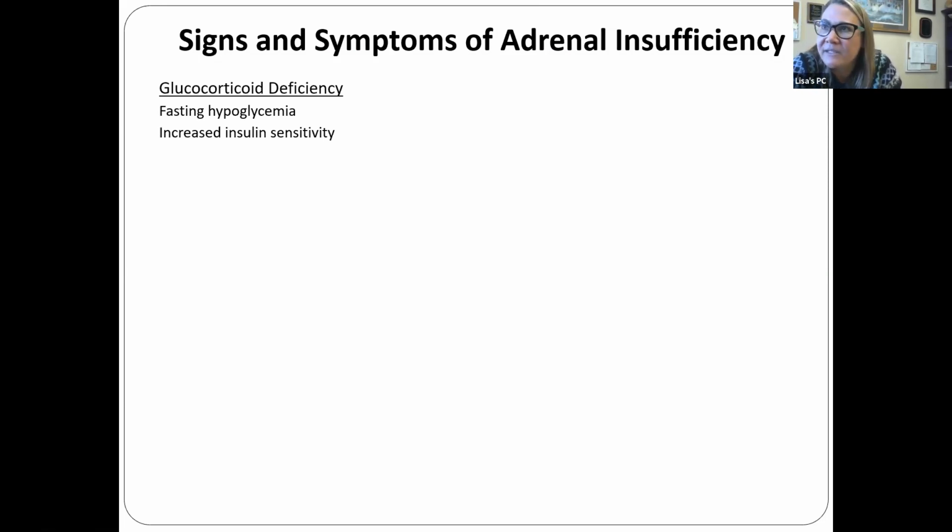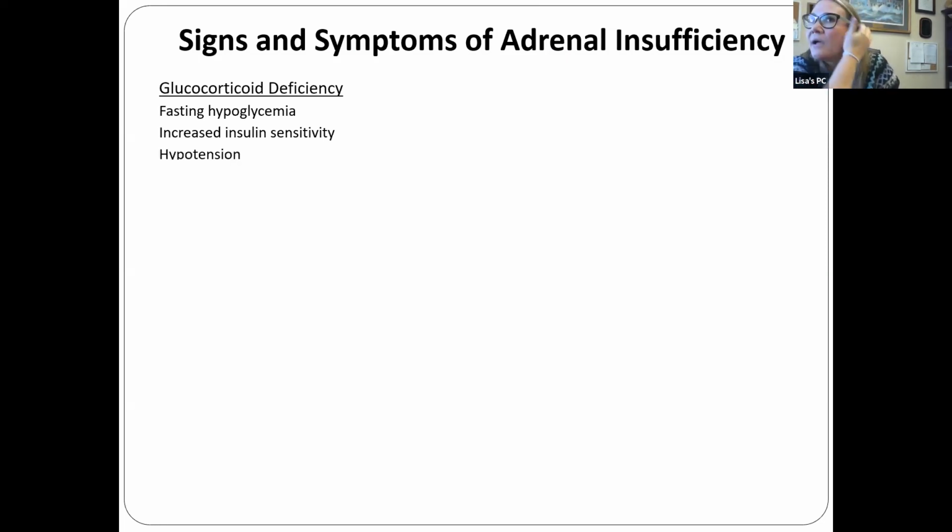So if I have a patient with type 1 diabetes who is having unusual low blood sugars that I can't explain, I do consider other autoimmune disorders like Addison's disease, because if they're on the same amount of insulin and now all of a sudden they're dropping low, it could just be because insulin is less opposed because they're not making enough cortisol. So anyway, something to think about.